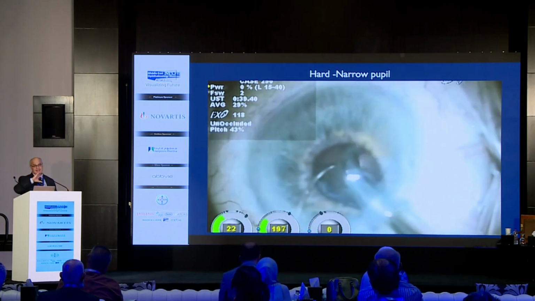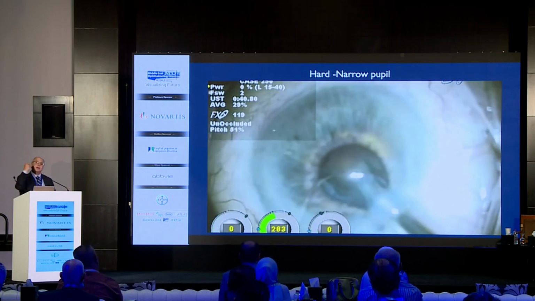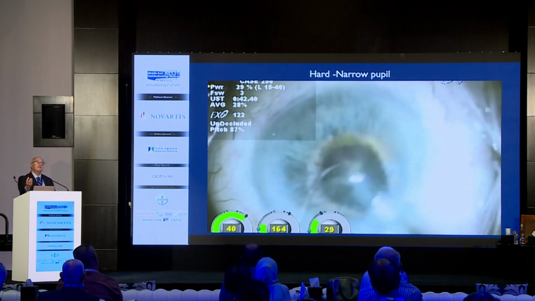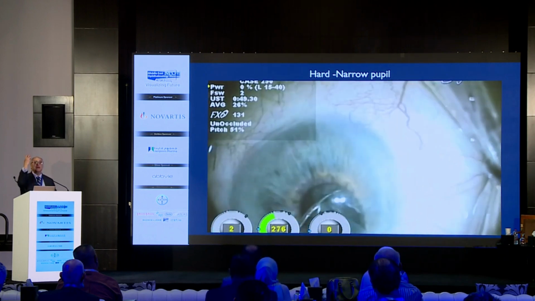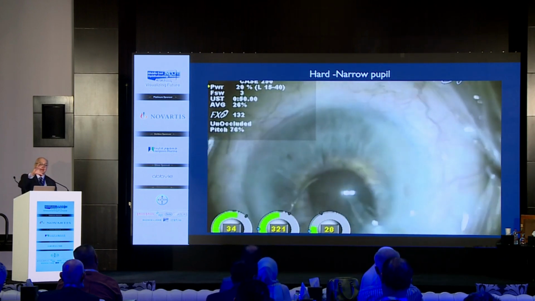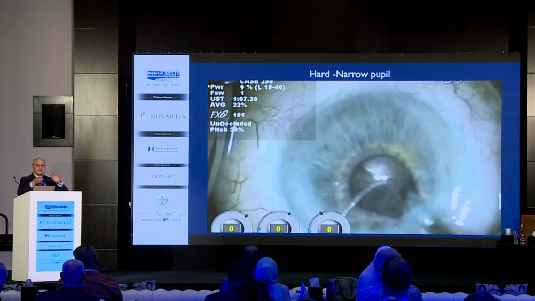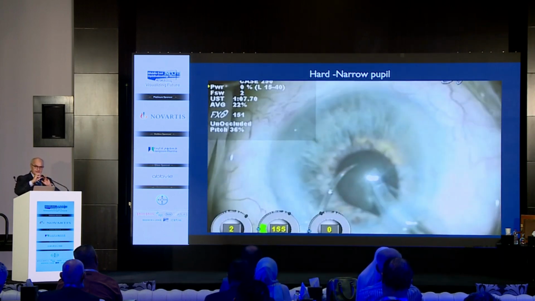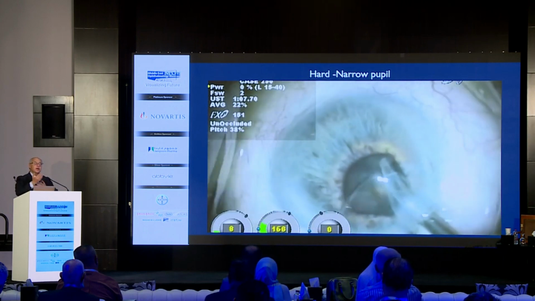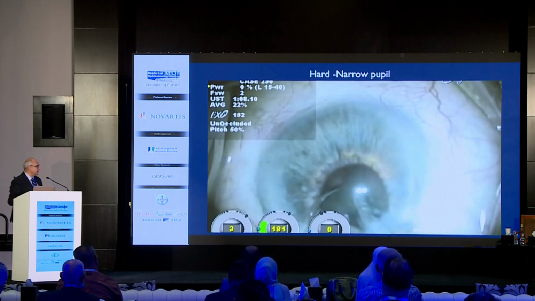And in any hard cataract, you have to think it is phacoaspiration, not phacoemulsification. Your main player is the vacuum, and you are only using the ultrasound to help you aspirate properly.